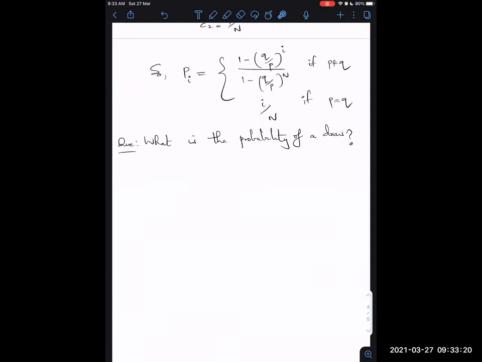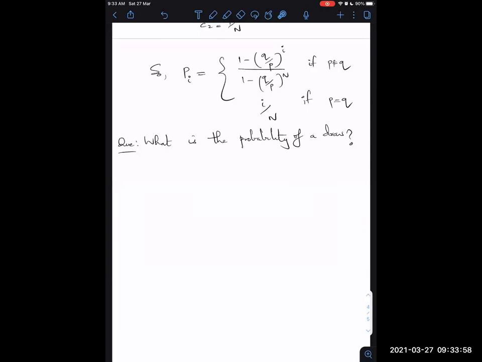So what can you say about the probability of a draw? Quickly, can someone tell me?